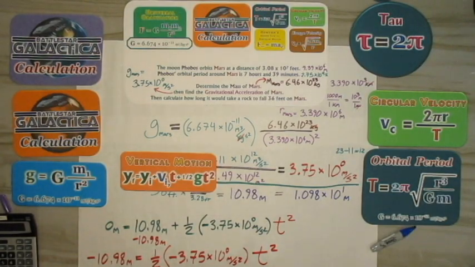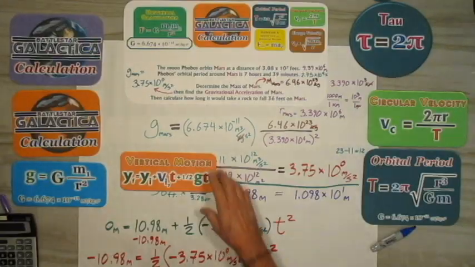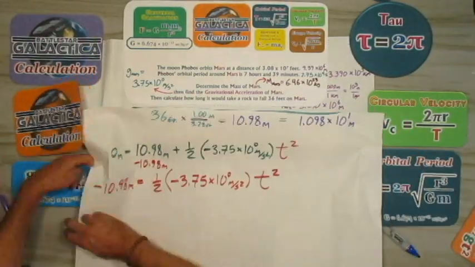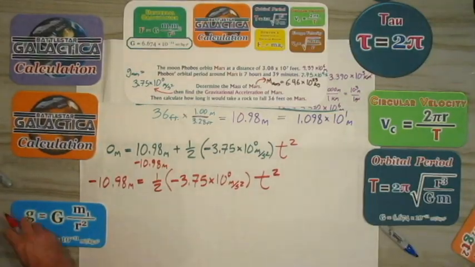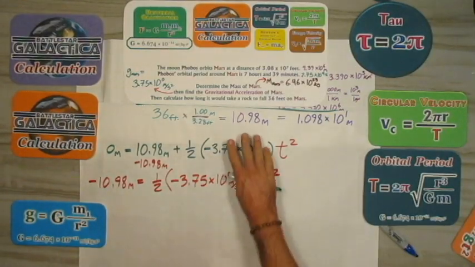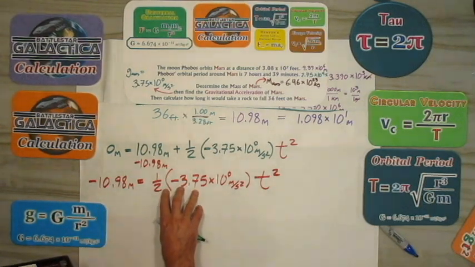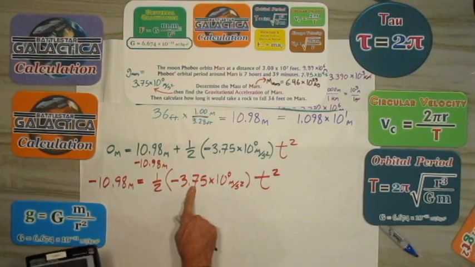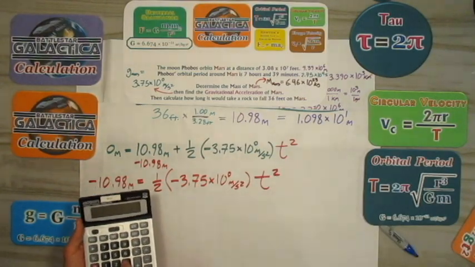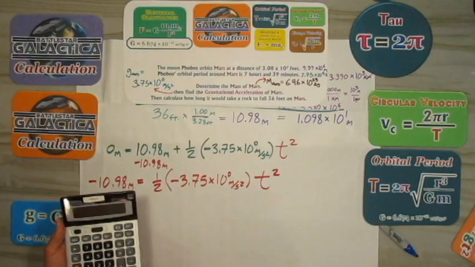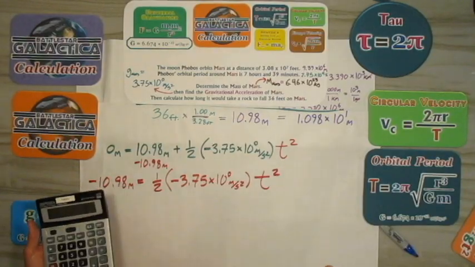So then we're going to need to move it up one more time. Okay, so now we're going to take 1/2 of Martian g, so that's 3.75 times 0.5, or divided by 2, same thing.